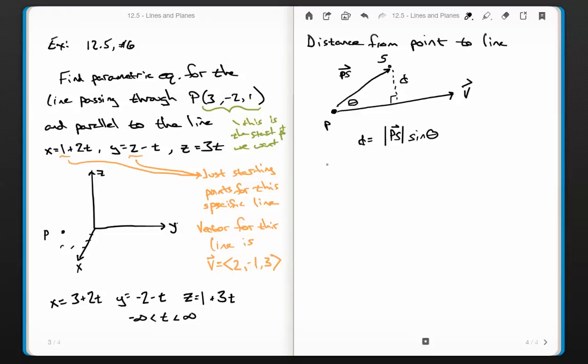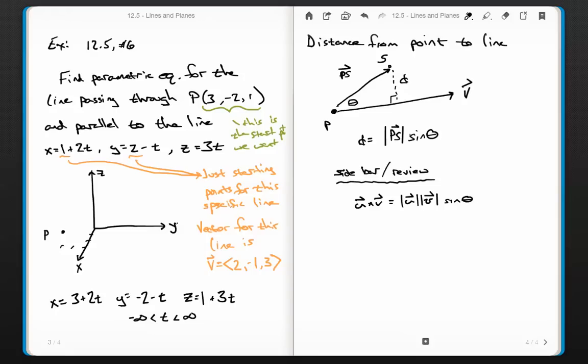So let's revisit what the cross product is. Sidebar, review. We know that U cross V equals the magnitude of U times the magnitude of V times the sine of theta.